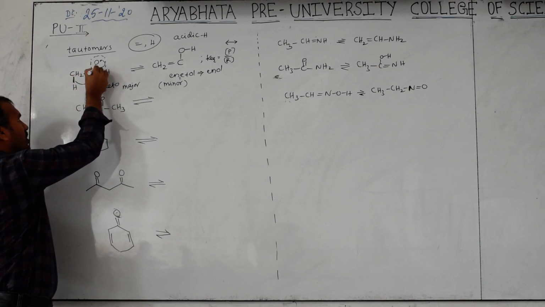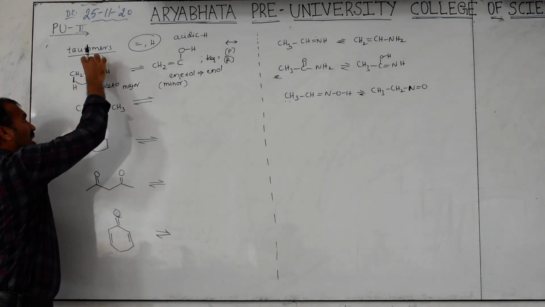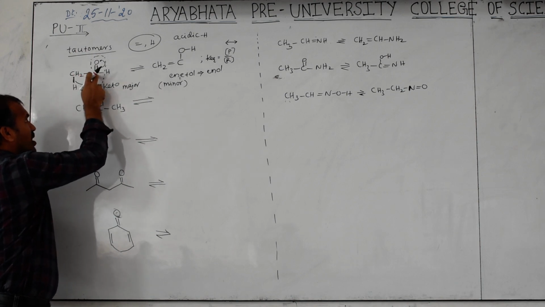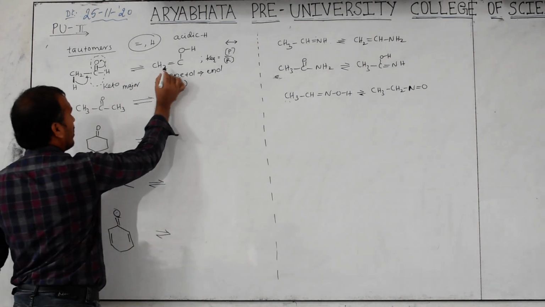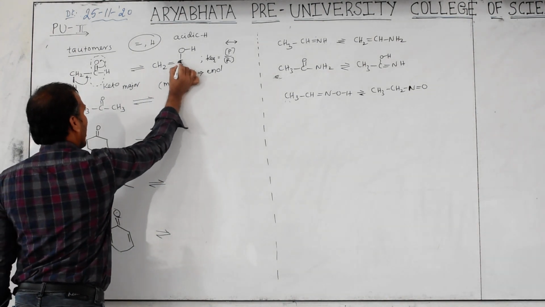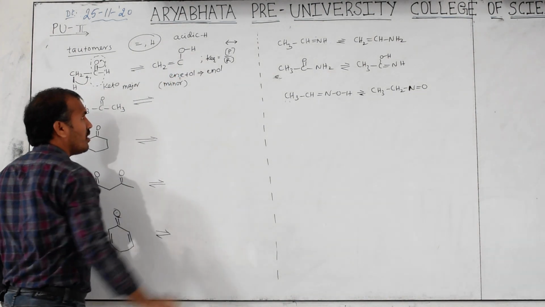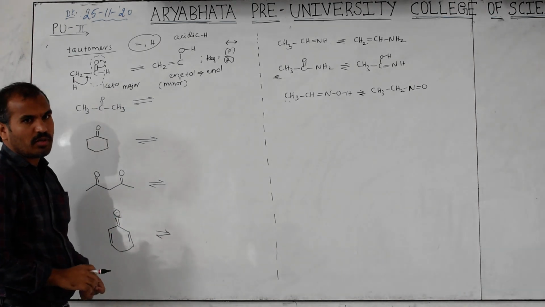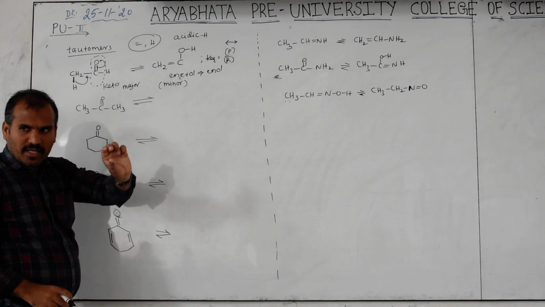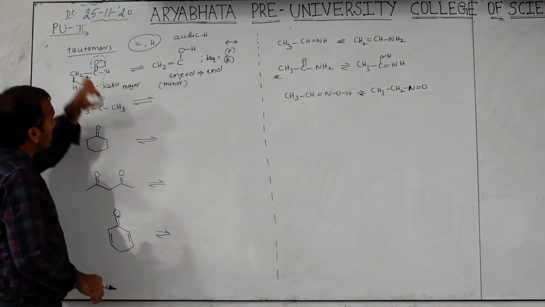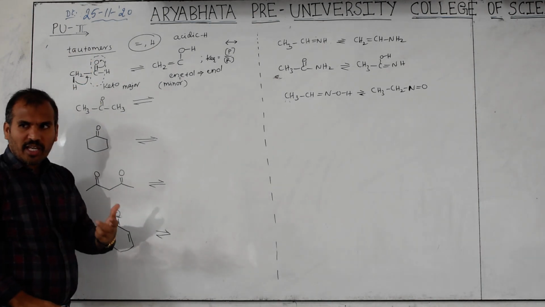Carbon oxygen bond, carbon hydrogen bond. Here carbon carbon bond, carbon oxygen bond, oxygen hydrogen bond. So is the carbon carbon double bond strength more, or the carbon oxygen double bond strength more, in terms of energy?